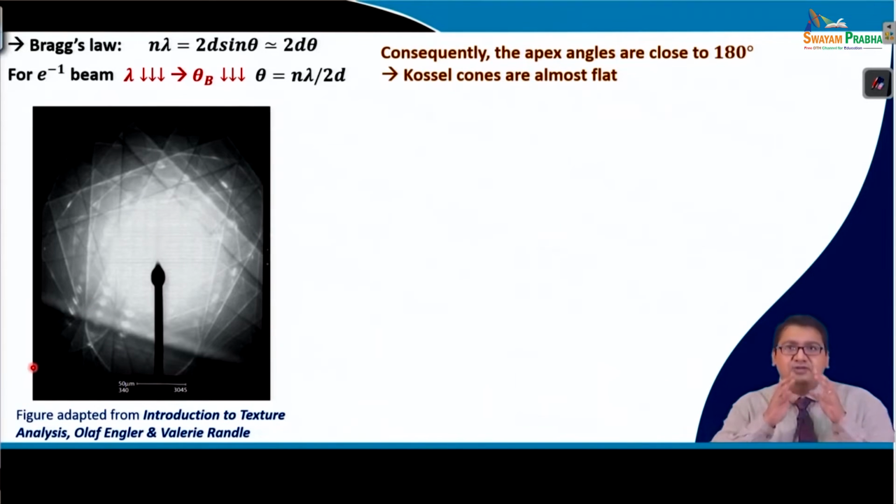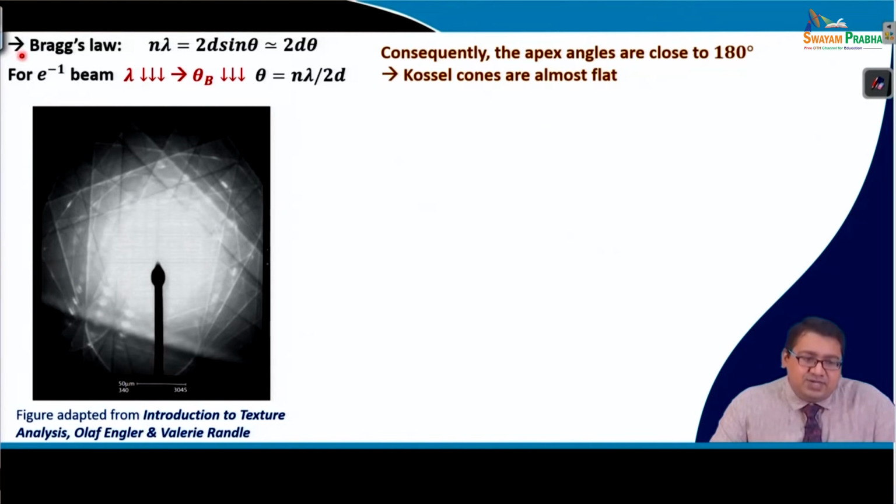And if we know how we have put the sample inside the TEM, and if we know the RD, TD and ND, then one can relate these lines or bands with respect to the RD, TD and ND in order to obtain the information of the orientation of that particular position of the sample, right.